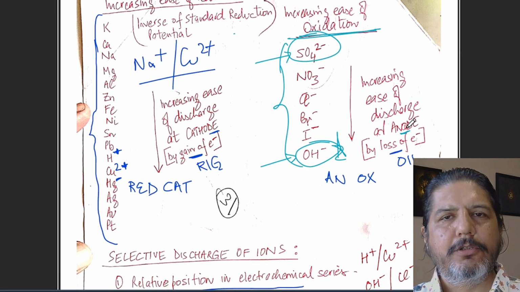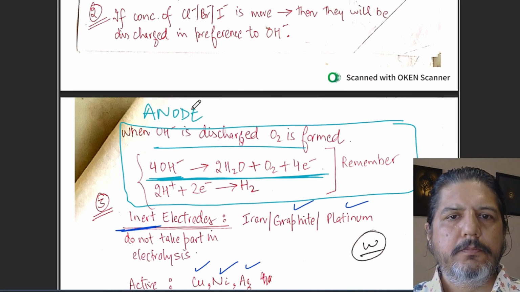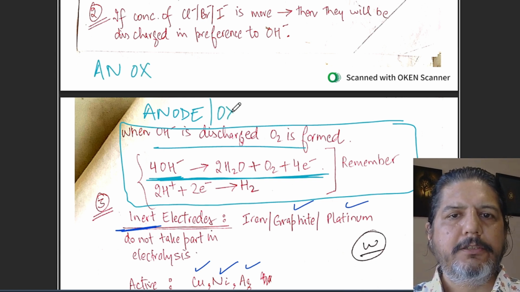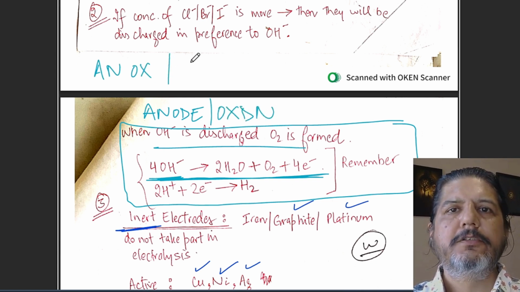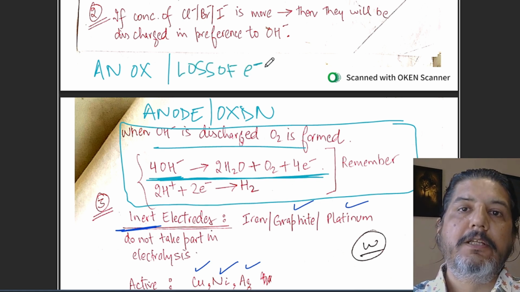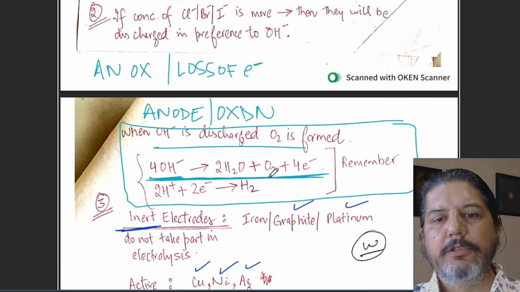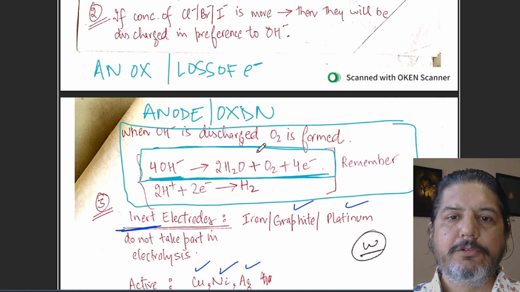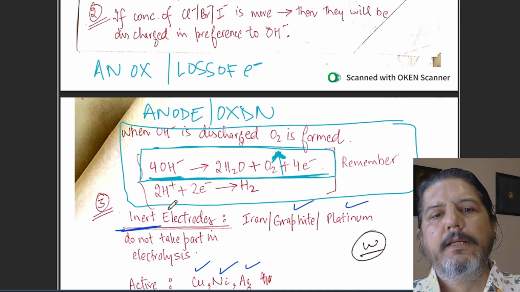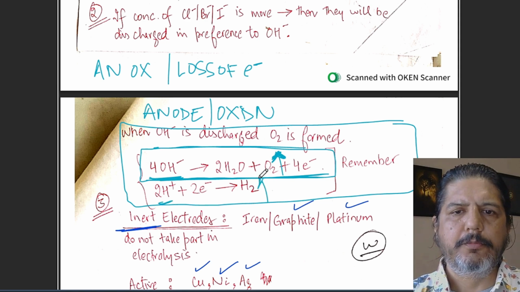At the anode there will be a loss of electrons because at the anode, oxidation will take place. Oxidation is loss of electrons. When there is a loss of electrons, this equation will always be there. So hydroxide will always get discharged using this equation. And remember, whenever hydroxide gets discharged, oxygen will be formed. And if you see hydrogen getting discharged, then hydrogen would be formed.